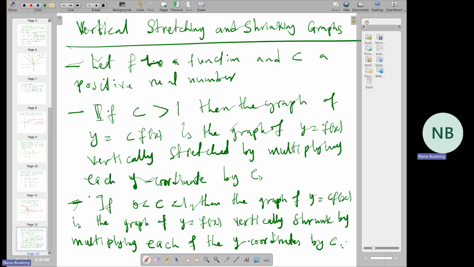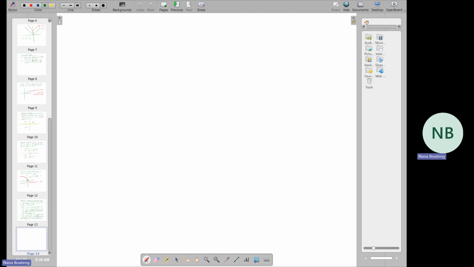All right, so let's use some examples to illustrate this. This will be our fourth example, so example 4.